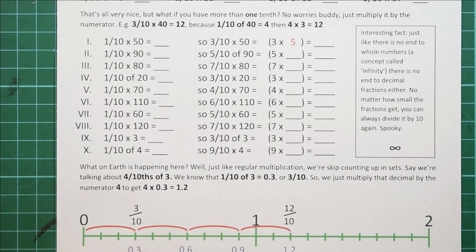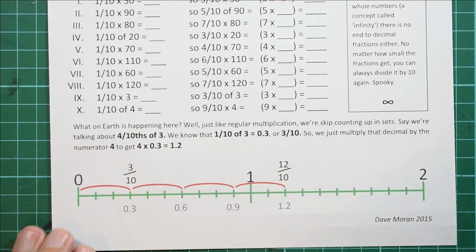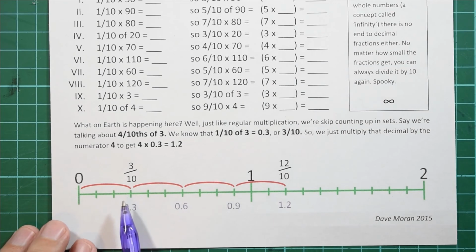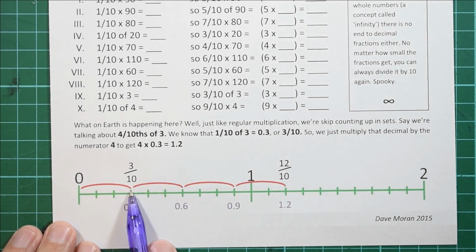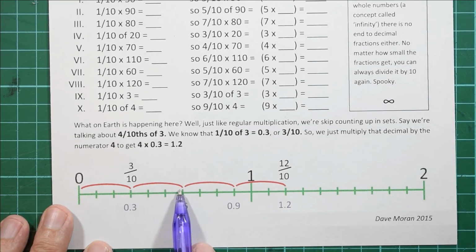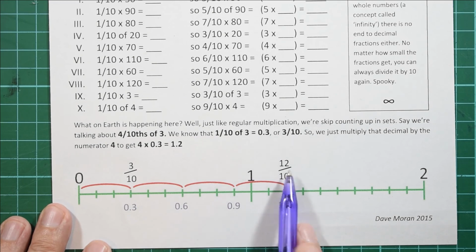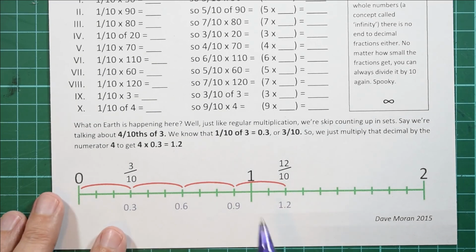Now, if you have a look down here at this number line, it kind of explains that a little bit. So if I had 3/10 here and I multiplied it by 4, I would get 1, 2, 3, 4 sets of 3. 4 sets of 3 is 12. So I'd have 12/10ths down there.